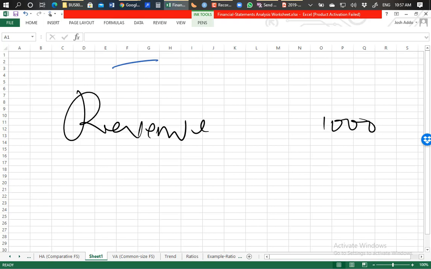or the costs that were generated in selling these items for the 1,000, I need to aggregate all those costs. That is what we call cost of sale. The costs associated with the revenue you have generated.